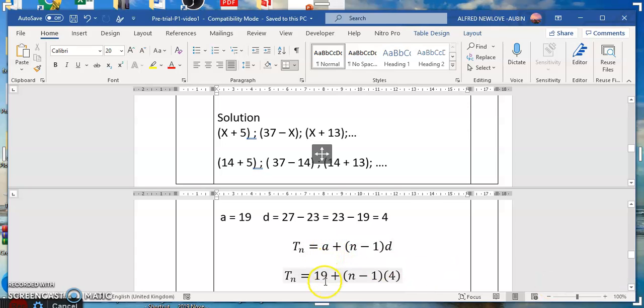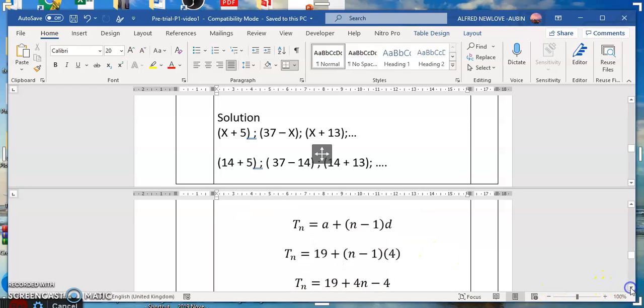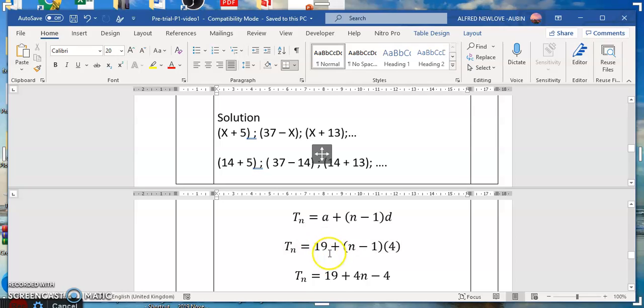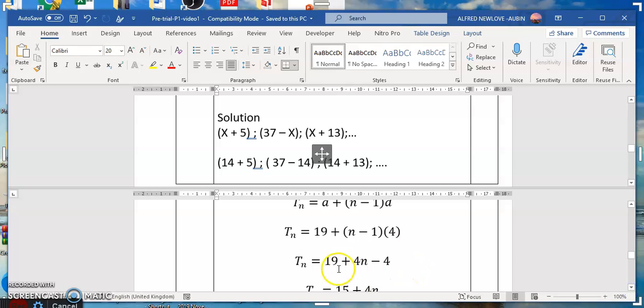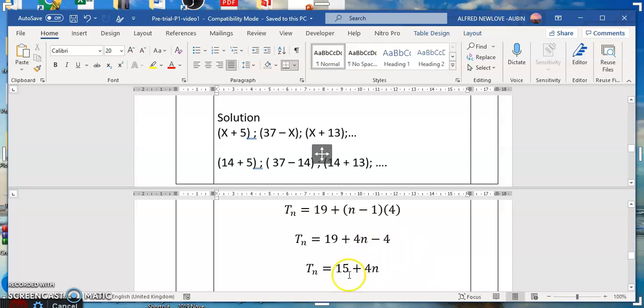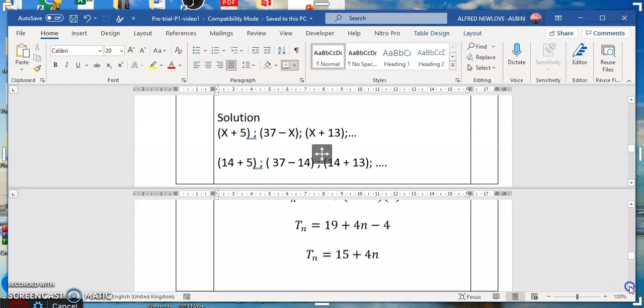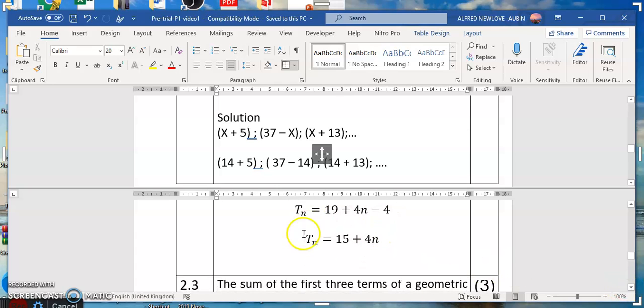So you see that our a is 19, this is our n minus 1, and our d is multiplying, so d is what? 4. The next thing you do is, we are going to expand. So n will multiply 4 to give us 4n, and minus 1 will multiply 4 to give us minus 4. And 19 and minus 4 are like terms. So 19 minus 4 is going to give us 15 plus 4n. So this is the nth term.